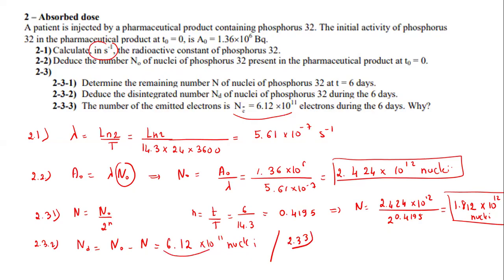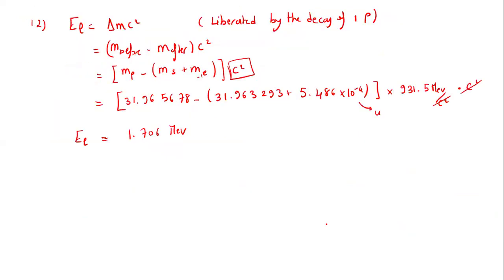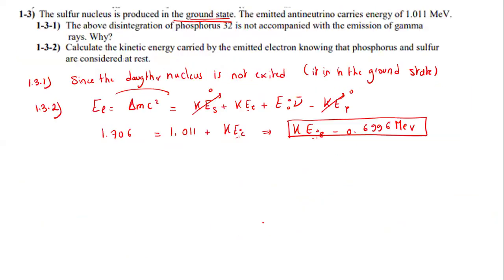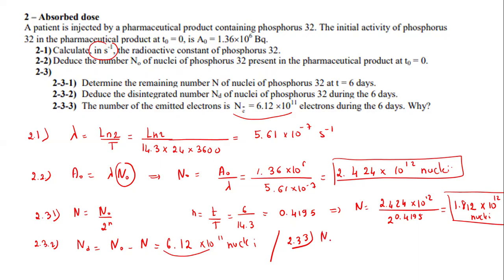For each phosphorus that disintegrates, one electron comes out, as we notice in the equation. So the number of disintegrated nuclei of phosphorus is equal to the number of electrons that were produced or emitted, since each one phosphorus is emitting only one electron.